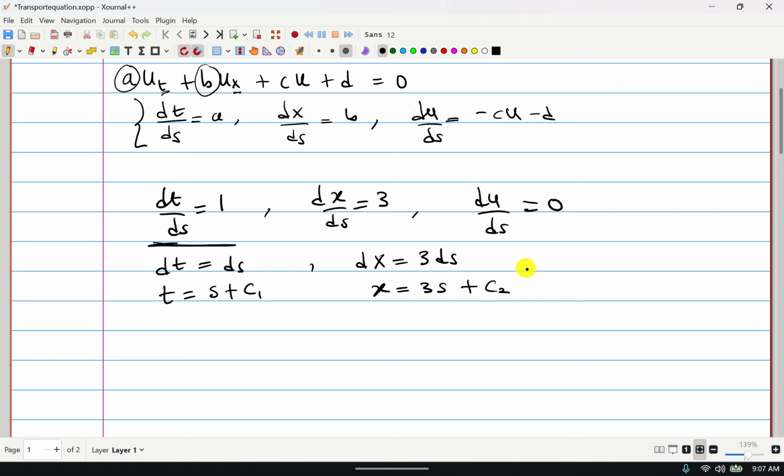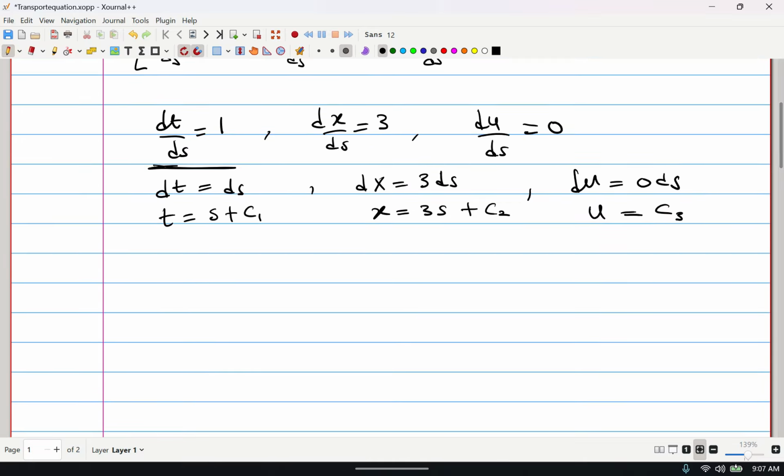And then the other one, which is the u part, is du is equal to 0 ds. When you integrate 0 with respect to s, you're going to get a constant c3.